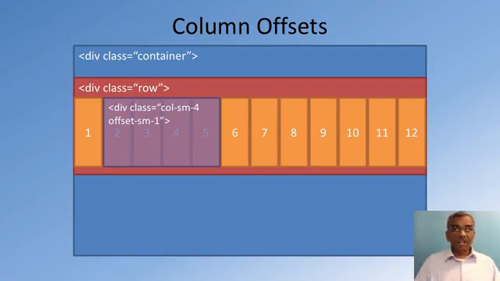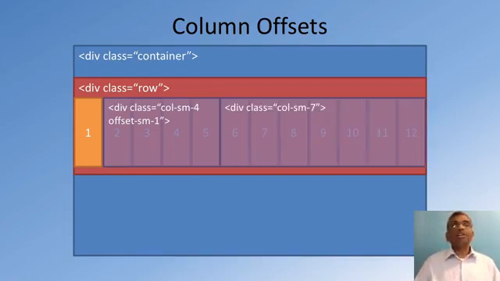So when this content is laid out, as you can see, the leftmost 1 column is left blank, and the content is shifted right by 1 column, and you can lay out the remaining content on the right side. In total, you can see that the two divs will occupy 11 columns, but offset by one column to the right. So that is how we can control the layout of the content using a column offset.